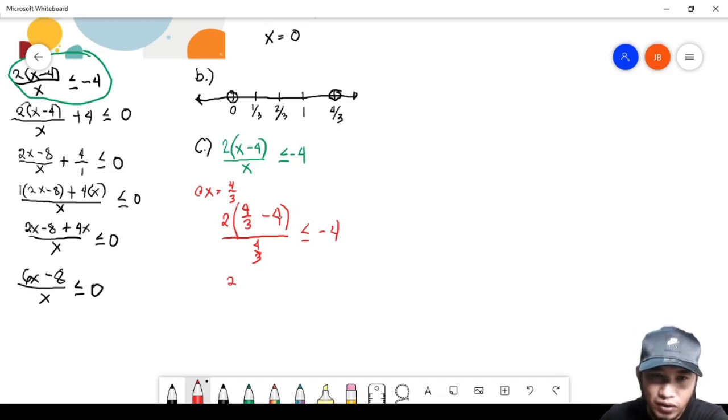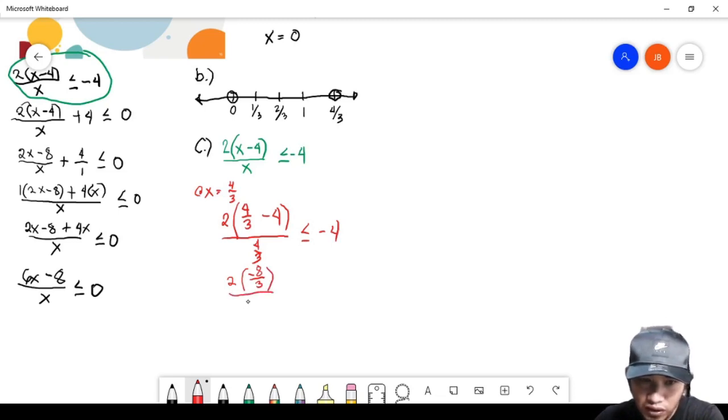Take it negative. So 3 times 4 is 12. Negative 12 plus 4, that is positive 8. Ay, negative 8. So you will have the answer negative 8 all over 3.